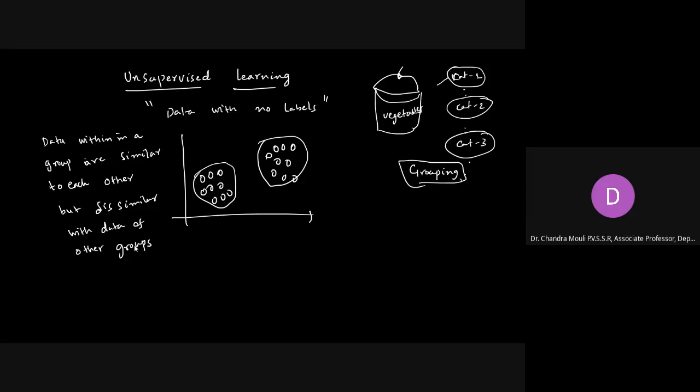Like this, you have different clustering algorithms available. Of them, we'll see some of the famous or most popular. The simplest clustering algorithm is the k-means clustering algorithm. Then you have DBSCAN, and the mean shift clustering algorithm.